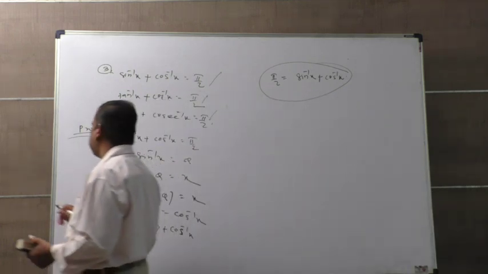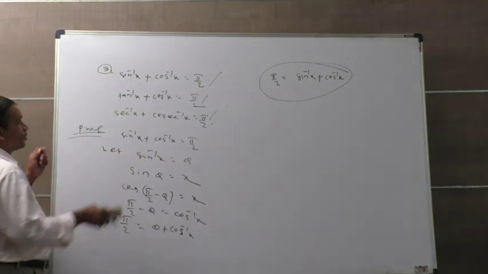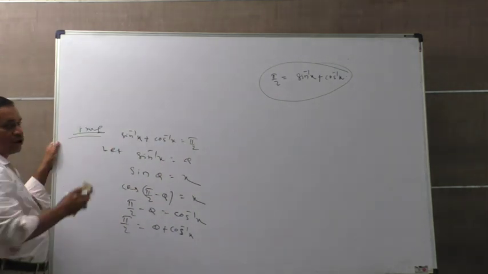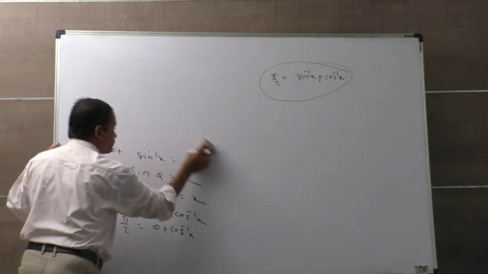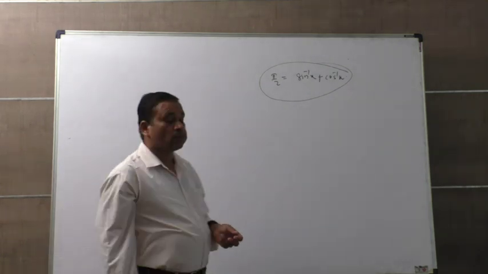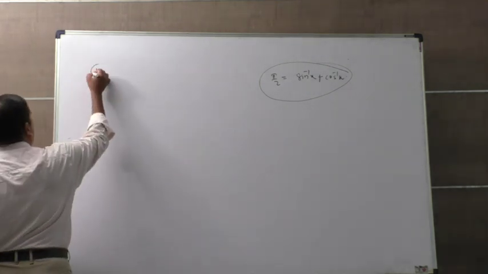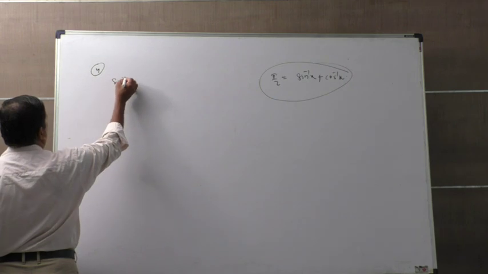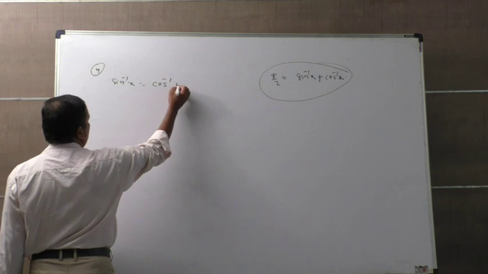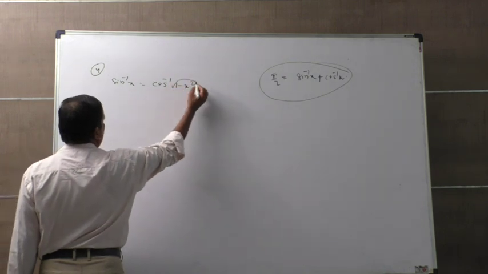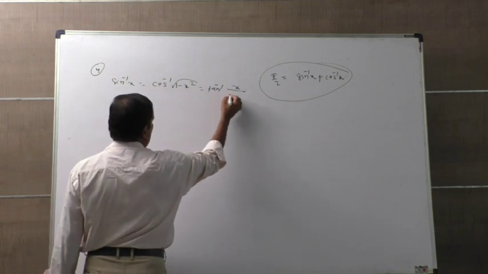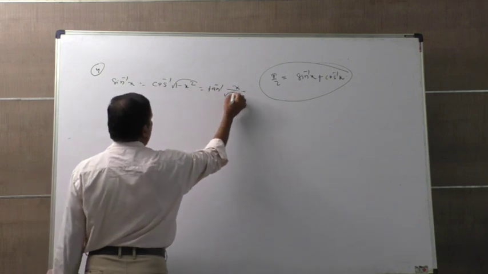It has variable application. Evaluating this one. Now, there is another thing. We have conversion formulas. Sin inverse x is cos inverse root of 1 minus x square, is equal to tan inverse x over root of 1 minus x square.